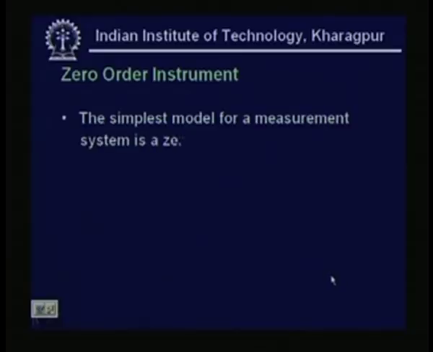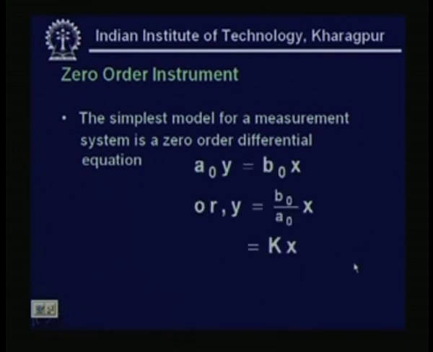The simplest model of a measurement system is a zero order differential equation. It looks like this: a naught y equal to b naught x, or y equal to b naught by a naught multiplied by x, equal to k x.